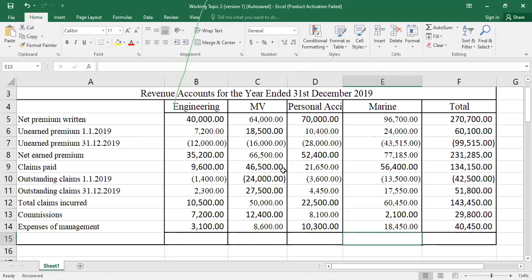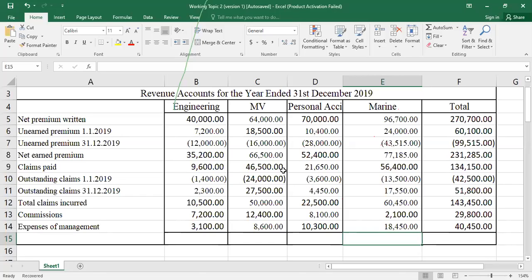So what are we going to get as the end product?